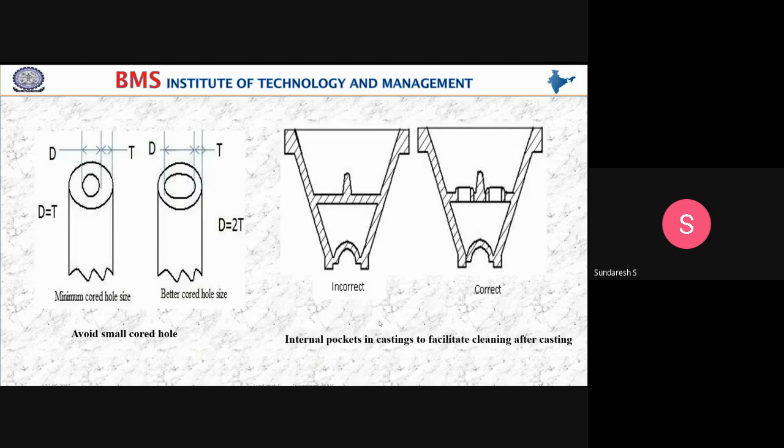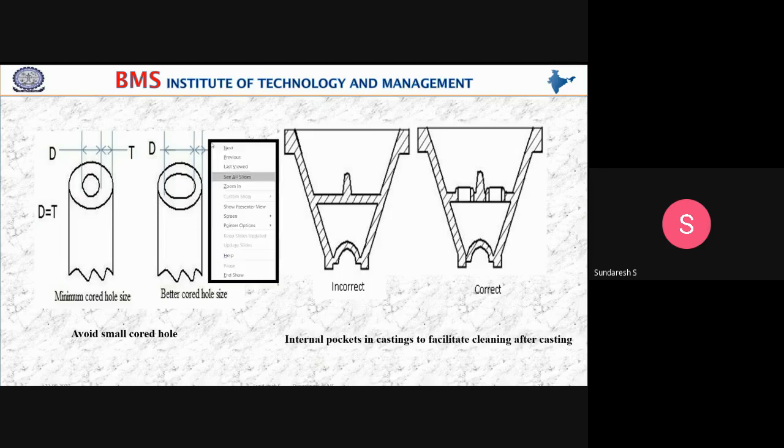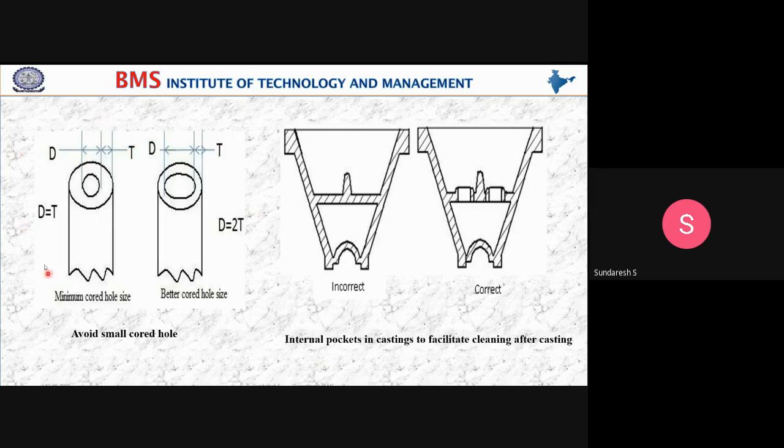Another one: avoid small core holes and internal pockets in casting, to facilitate cleaning after casting. See, look at here. Minimize core hole size. The better core hole size is D equal to 2T, where T is the wall thickness.